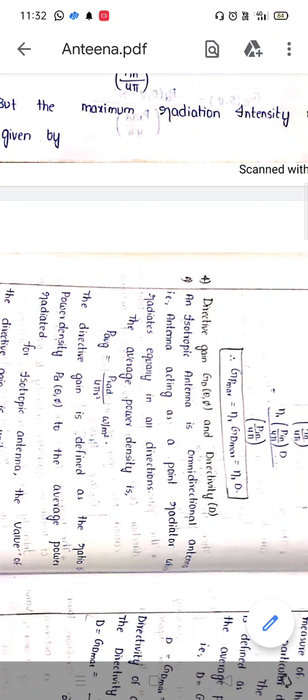An omnidirectional antenna means the radiation is distributed only in a plane, equally distributed over the 2D plane. If it is a 2D plane, it's an omnidirectional antenna. It's a point radiator when the radiation is equal in all directions.